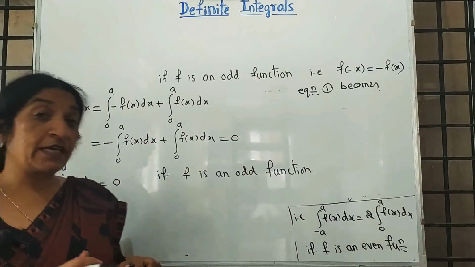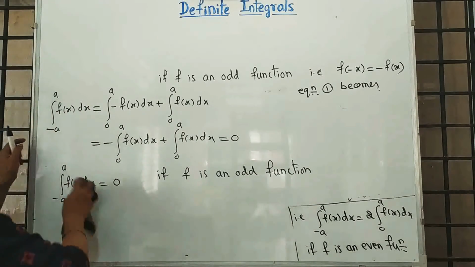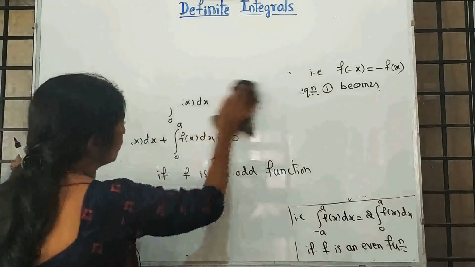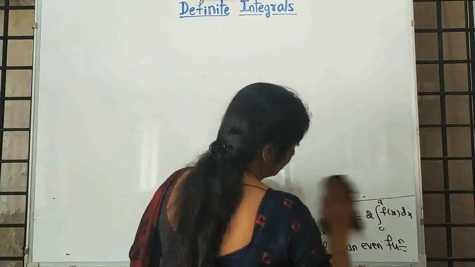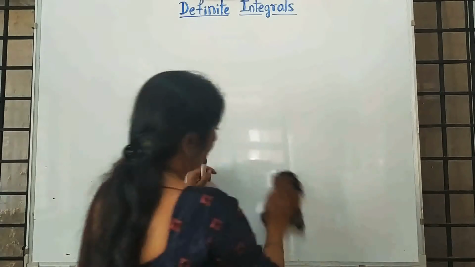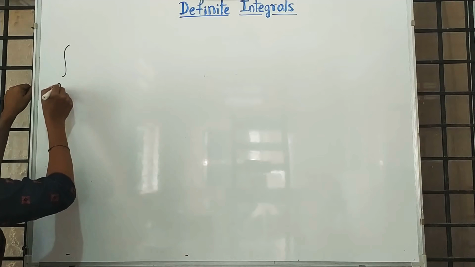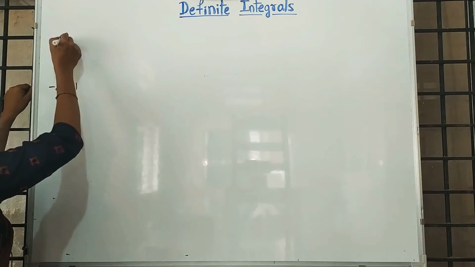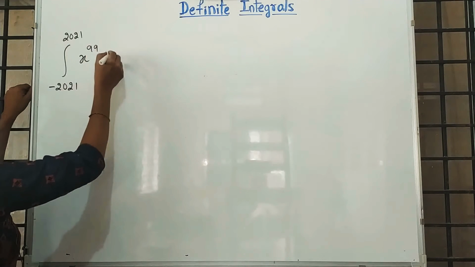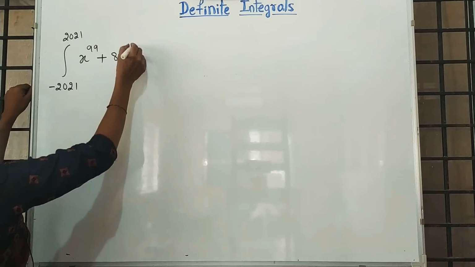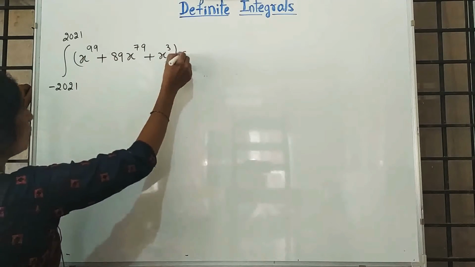Now, related to this property, I will give you one interesting and important hint. See, in the examination, if you get a problem like this, integral from minus 2021 to 2021 of x raised to 99 plus 89 x raised to 79 plus x cube dx.